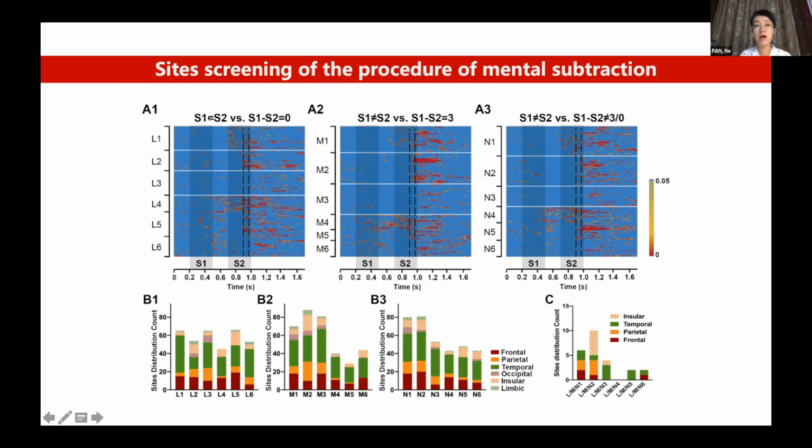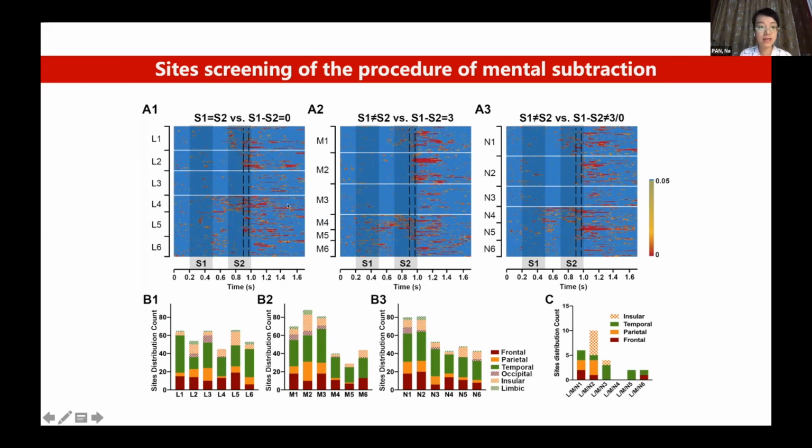Here S1 is the same as S2 under task 1 versus task 2, and the last situation is S1 different from S2 under task 1 versus task 2, to discriminate the mental subtraction process.